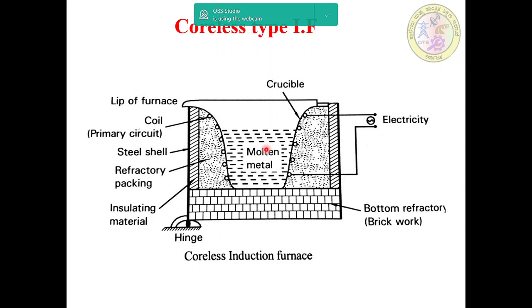The stirring action or churning ensures homogeneous molten metal. Necessary alloying elements can easily be added. The charge needs to be properly selected since slag removal is difficult due to the stirring action. That is about this coreless type induction furnace.